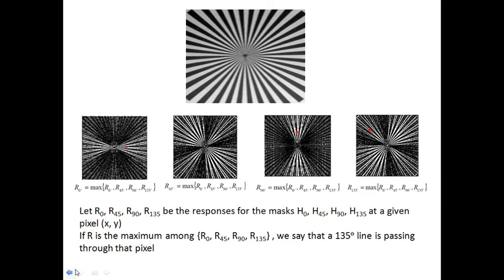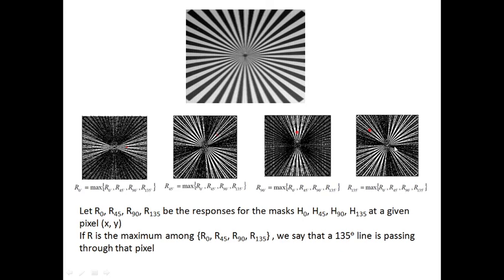Among these, I figured out that R135 has the highest value among all the results. So I can conclude that a 135 degrees line is passing through that pixel. That means if R135 is the maximum among R0, R45, R90, R135, then at this point a 135 degrees line is passing through that pixel. In this manner I can figure it out.